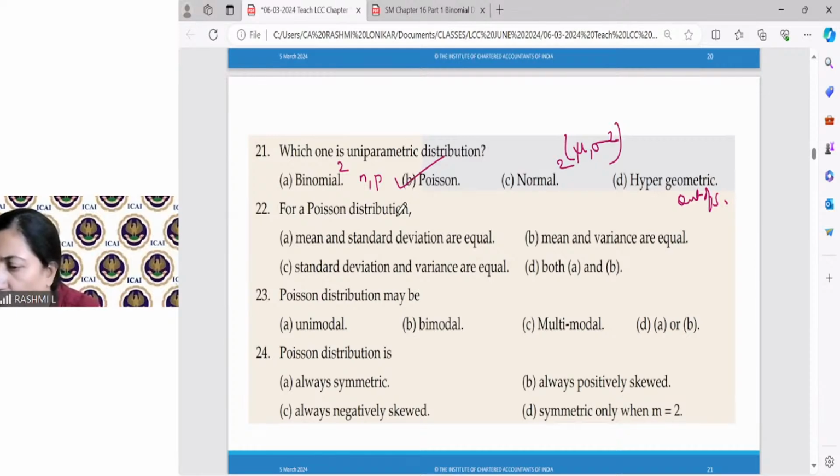Now for a Poisson distribution, mean and standard deviation are equal. Mean and variance are equal. Standard deviation and variance are equal. Both A and B. Okay. Now, this can be a little tricky because we know that variance and mean are equal. But in a hurry, we may even talk about standard deviation. But for a Poisson, mean is equal to variance.